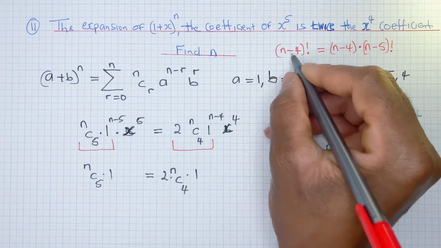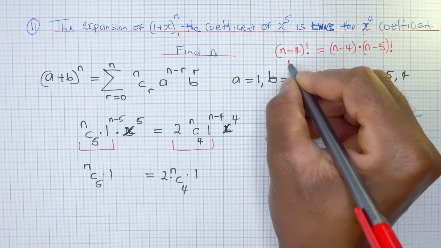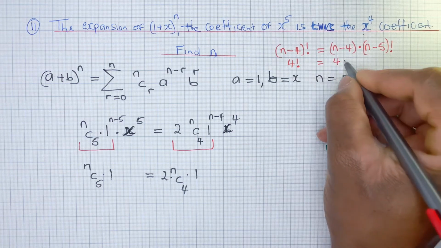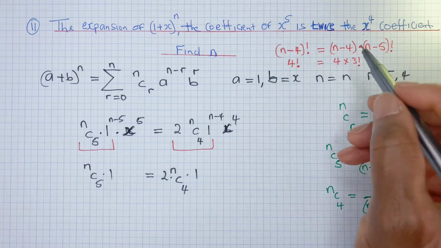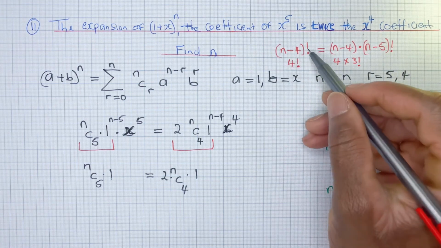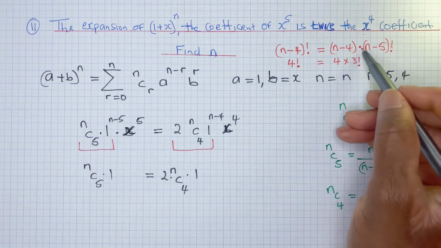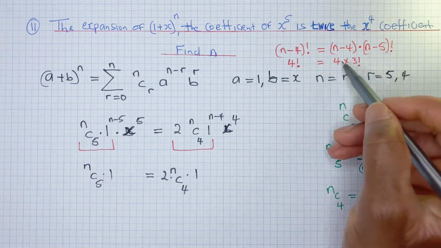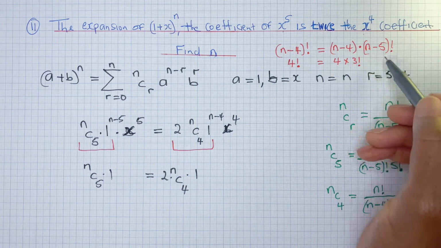If n was 8, then n minus 4 factorial is 4 factorial, which equals 4 times 3 factorial, which is 8 minus 5. That's because it's always decreasing by 1 every time when you're multiplying factorial.